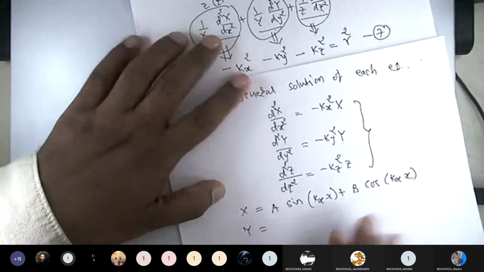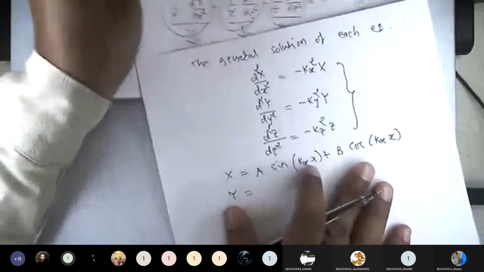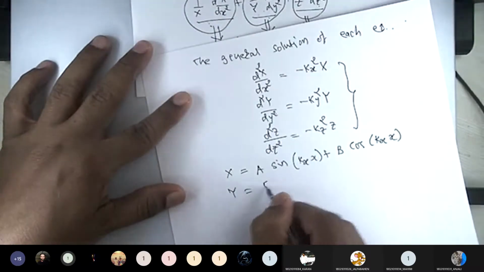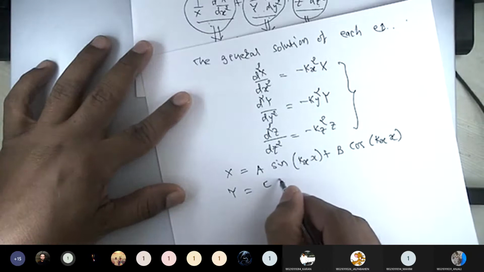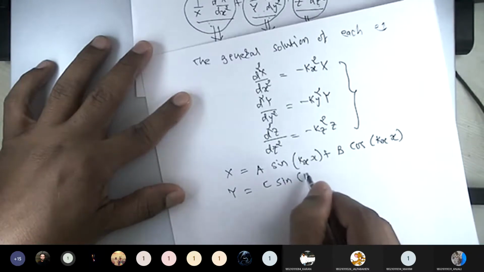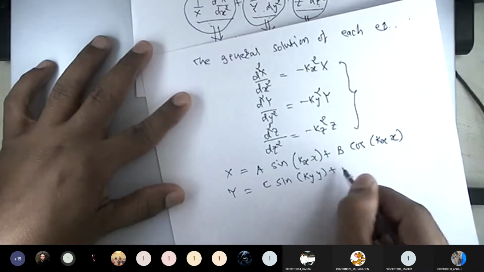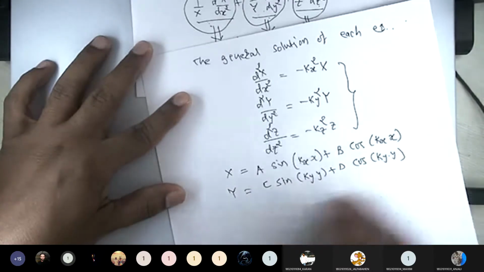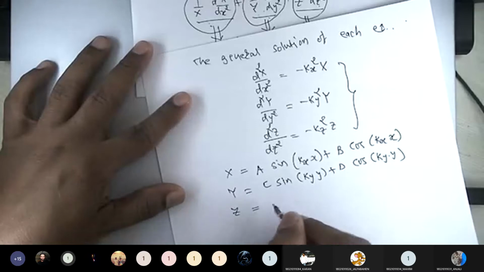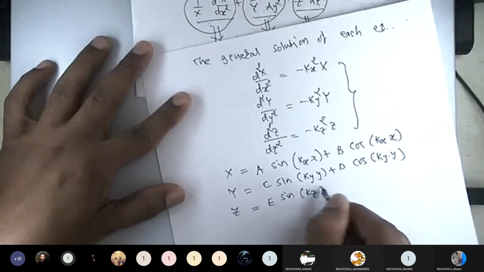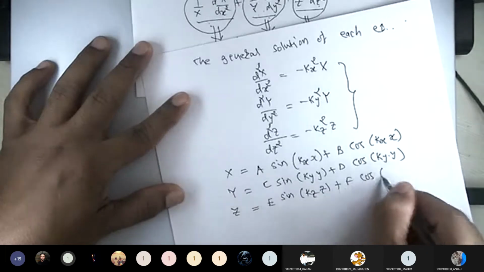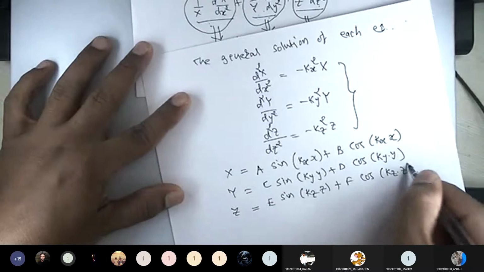Same way, the solution for Y will be, for example, c sine ky into y plus d cos ky into y. Same way, Z is e sine kz into z plus f cos kz into z.